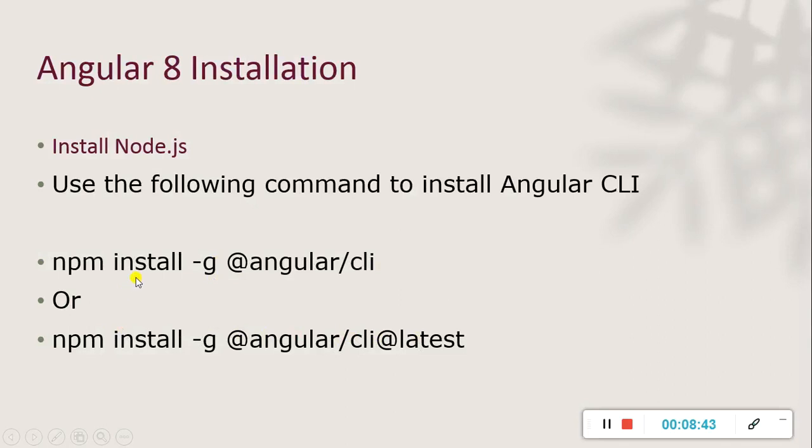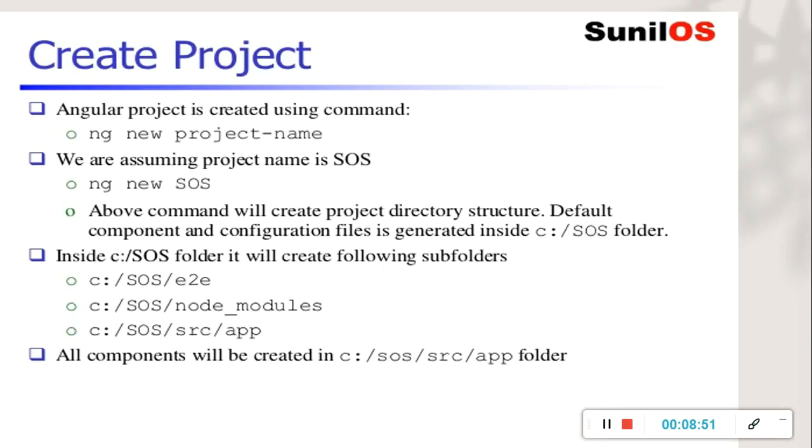When you have installed Node.js and Angular CLI, you will be able to make a new application with Angular. So how can you create a new project in Angular? ng is the command we'll be using for Angular, and new is the keyword, and then the project name which you want to give for your Angular application. So you can see ng new project name.